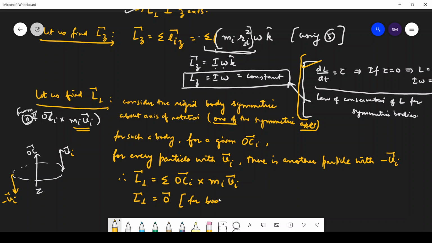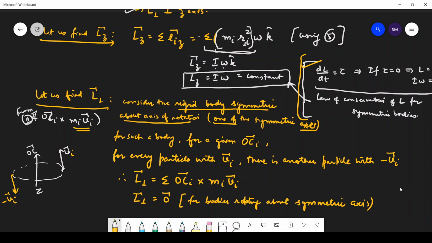So bodies rotating about a symmetric axis. So the axis is symmetric, which means the rigid body is rotating about the axis of rotation.